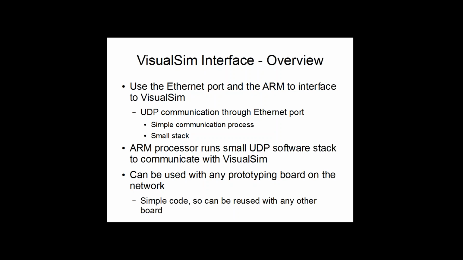So the overview of the VisualSim interface itself: we use the Ethernet port and the ARM processor to interface to VisualSim. We use the UDP protocol for communication to the Ethernet port. We've used UDP because the process is a very simple communication between the host PC, which is running VisualSim, and the stack itself is very small.